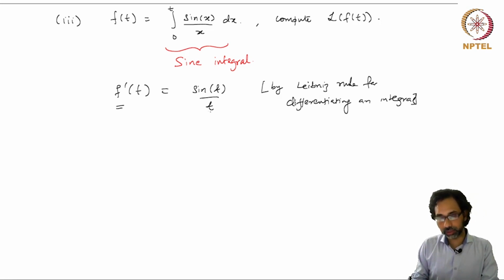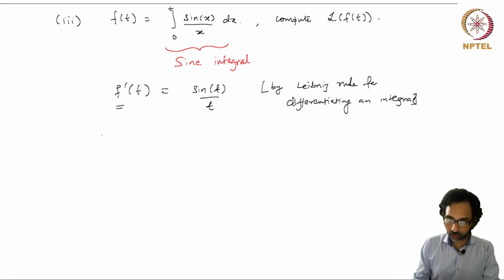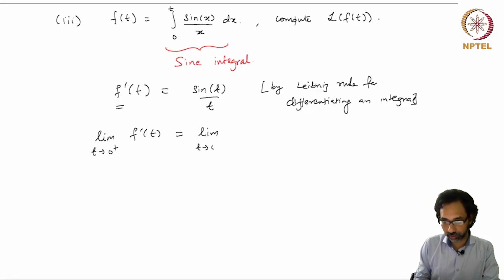So outside of 0, of course this is a continuous function, but at 0 let's see that the limit as t tends to 0 from the right hand side of f prime of t exists, and this is sine t over t.